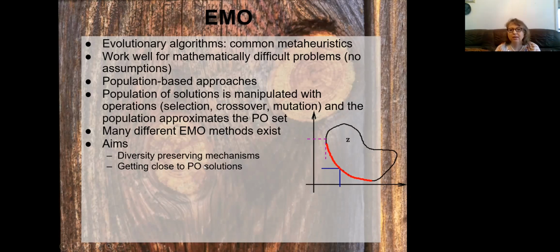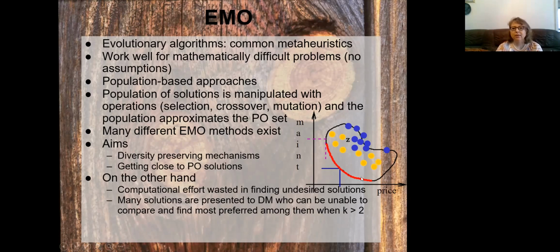The optimality cannot be guaranteed, but the idea is that if we have a population with evolutionary operators, we manipulate it so that the next generation of solutions, the next population, would be more diverse and closer. And by repeating this, we would get closer and closer to getting a good representation of this red area.